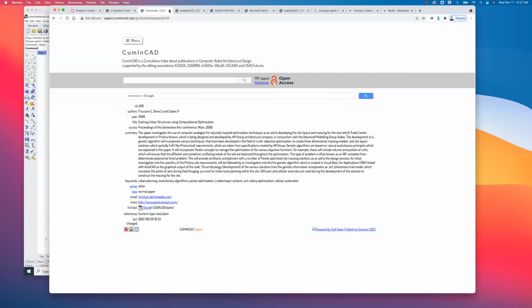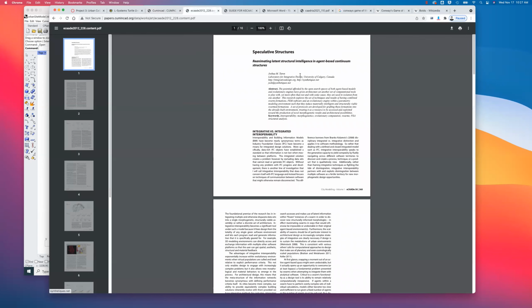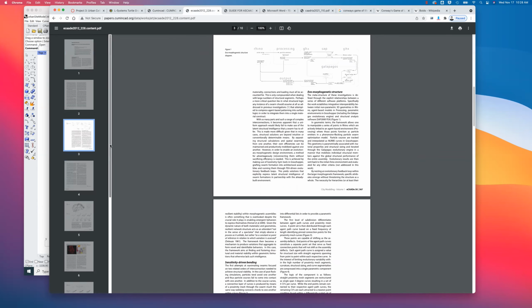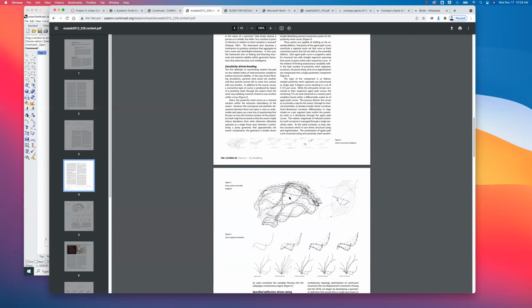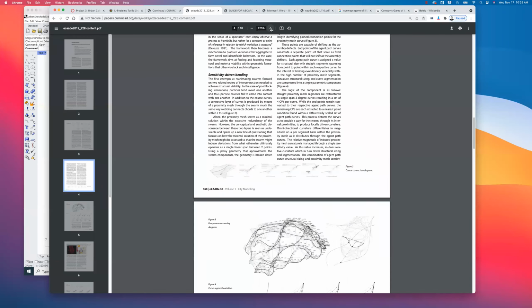But there are folks that look at this stuff and do interesting things here. I'm looking at agent-based continuum structures. This is a paper from a researcher buddy that I know. Let me just see if I can move this out of the way and zoom in here.